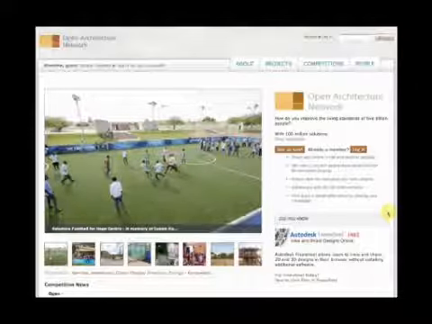You can see that there are more than 4,000 results of projects, and on the right of the website you can see education facility, residential, landscape.